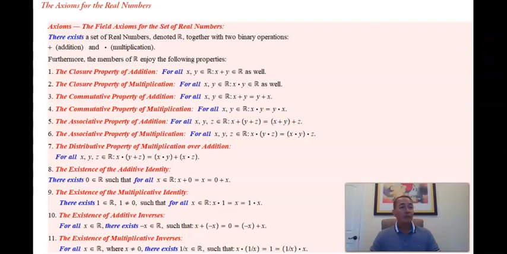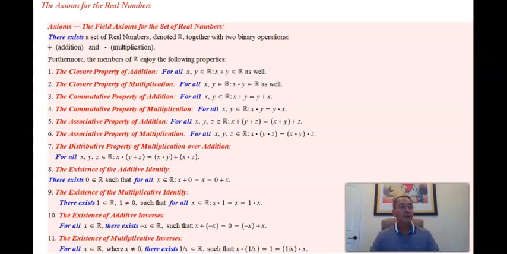Now we have the distributive property. For all real numbers again, x, y, and z, x times the quantity y plus z is the same as x times y plus x times z. In the next two properties, we have what are called identities. We know them as the numbers 0 and 1.